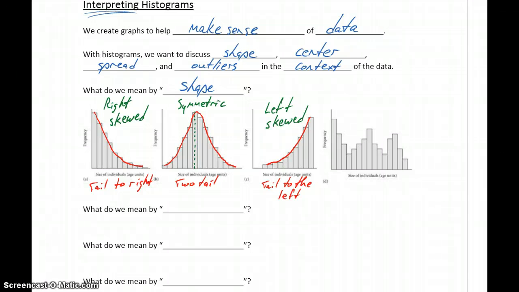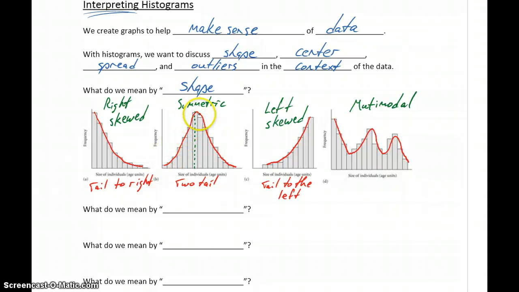And then our last example is something like we looked at on the first page. We have something that's going to change directions multiple times. So we could refer to that as a multimodal graph. So it's multimodal because it has different peaks. We could still talk about referring to it as symmetric, left skewed, right skewed.